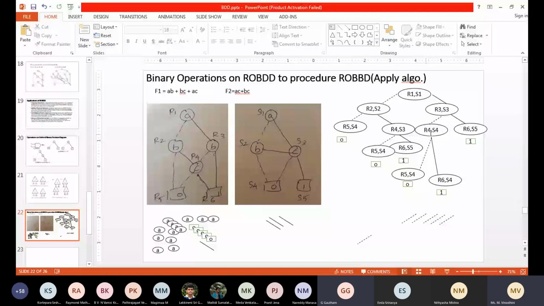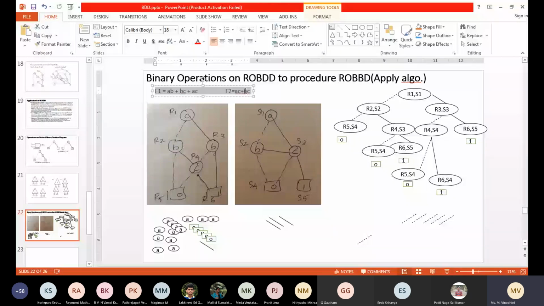Clear. Any doubts, students? How we have to do this diagram? Is it clear? Ma'am, last is how you take an OR gate, ma'am? No, as per the question I'm doing. Just I told the question.